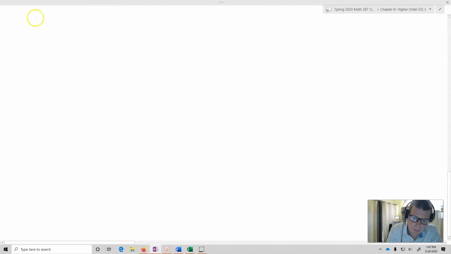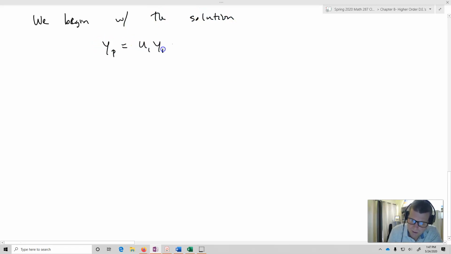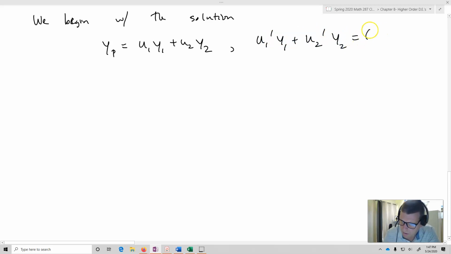We begin with the hypothesized solution yp equals u1 y1 plus u2 y2, along with our restriction, u1 prime y1 plus u2 prime y2 equals 0.